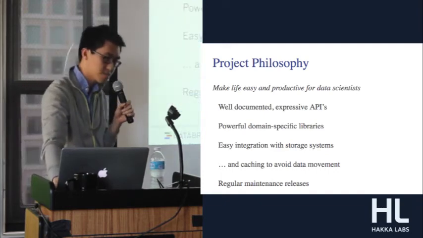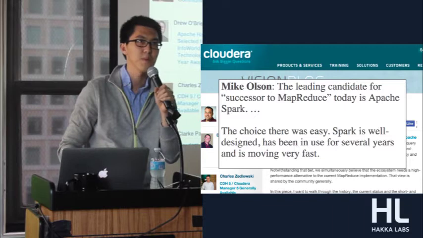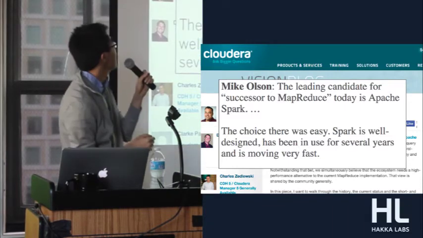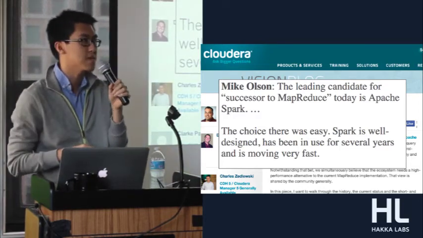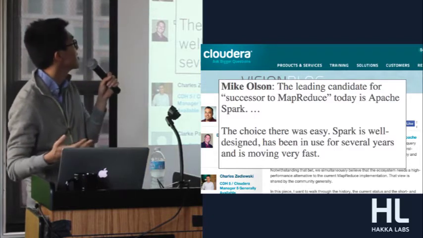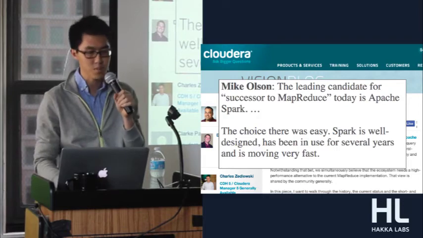In the past half a year or so, Spark's really been getting a lot of buzz. Starting maybe at the end of last year, Mike Olson, one of the co-founders and former CEO of Cloudera, wrote a blog where he claimed the leading candidate for succeeding MapReduce is Apache Spark.